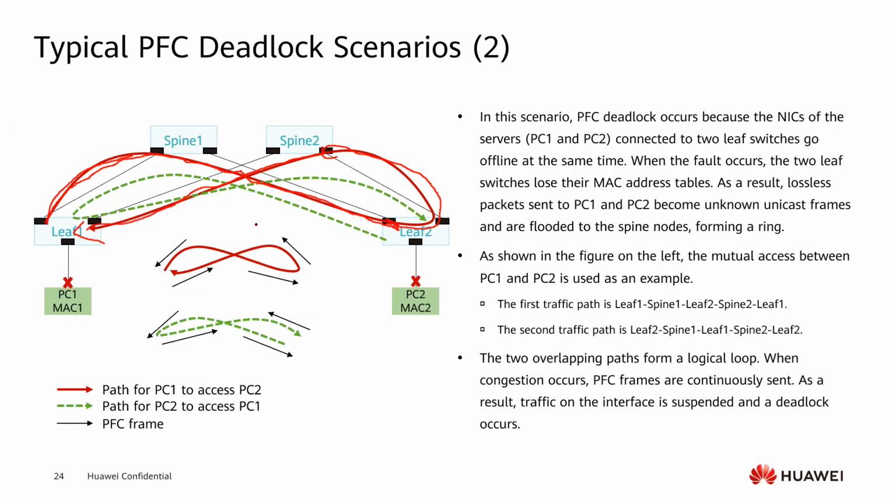So this is one path, because leaf2 has lost the connection to PC2, and the other path is this way. Leaf1 lost the connection to PC1. So if you put the two paths together, it will also become a logical loop. When a logical loop is generated, the PFC deadlock may be generated.